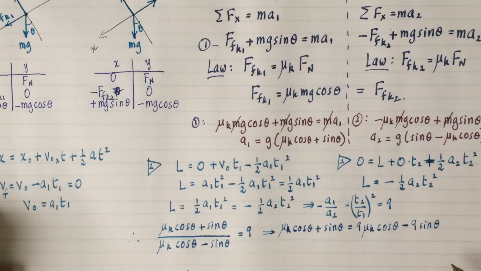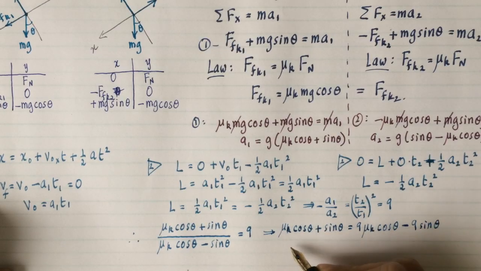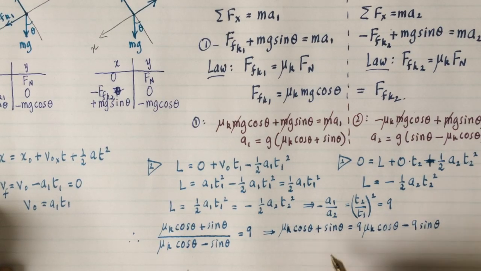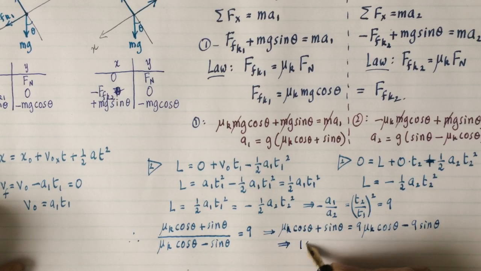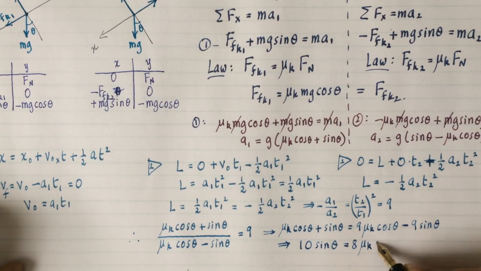I'm solving for mu k. Well, there's 9 over here and 1, so I'll take it on that side and I'll take this to this side. So I'm going to get 10 sine theta is equal to 8 mu k cosine theta.